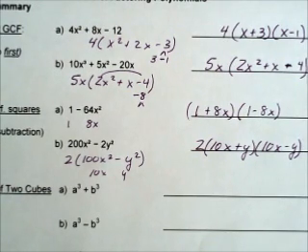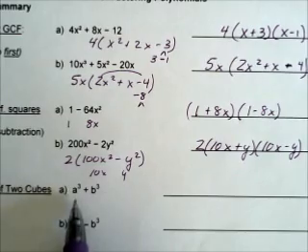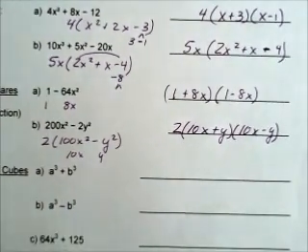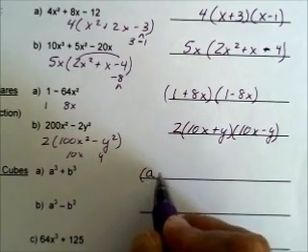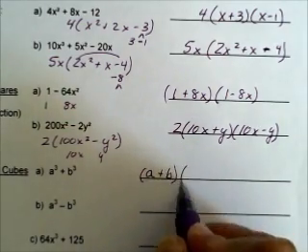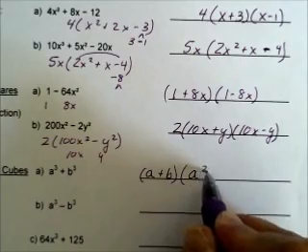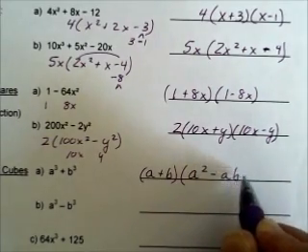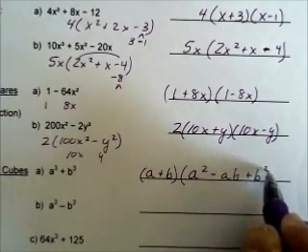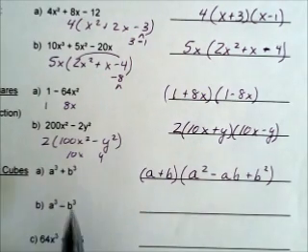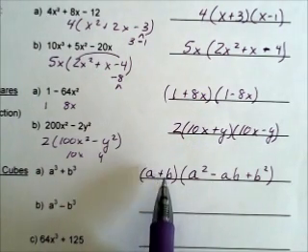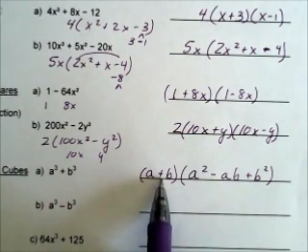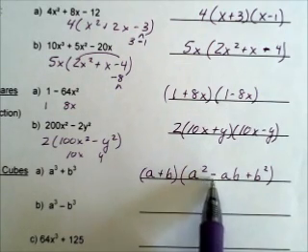The sum and difference of two cubes. Recall, a cubed plus b cubed factors into a binomial, a plus b, and the trinomial, a squared minus ab plus b squared. Remember the signs. If it's a sum of two cubes, the binomial is addition, and then the trinomial goes minus plus.